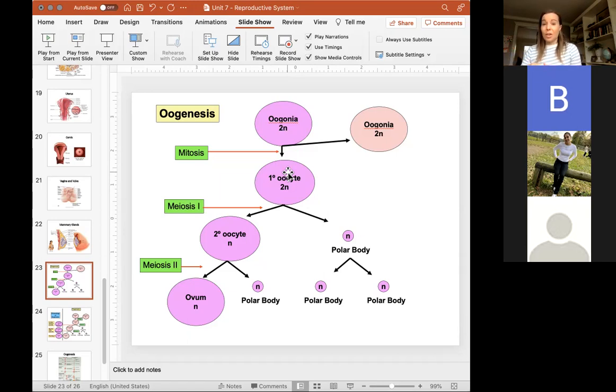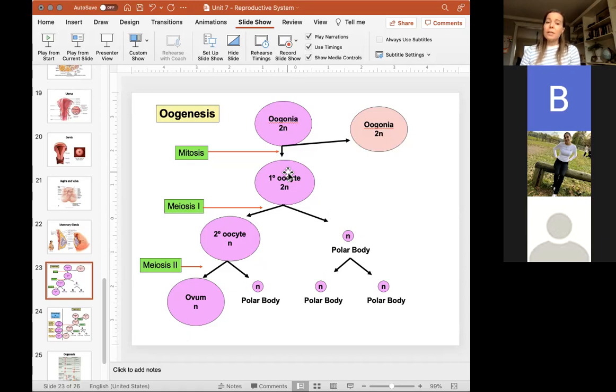That's not the case. They're actually totally fine, but it's programmed within their DNA that they're not going to develop any further. So they just end up disappearing. And that actually happens to 99% of the primordial follicles that develop within the ovaries.